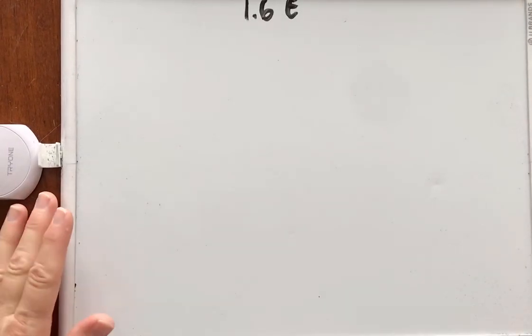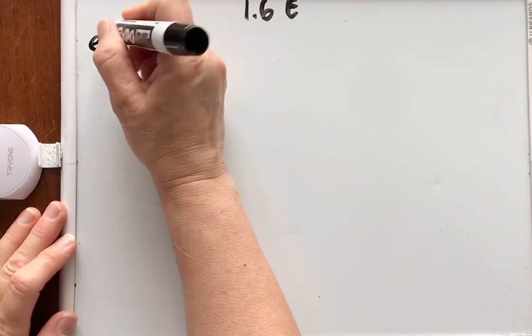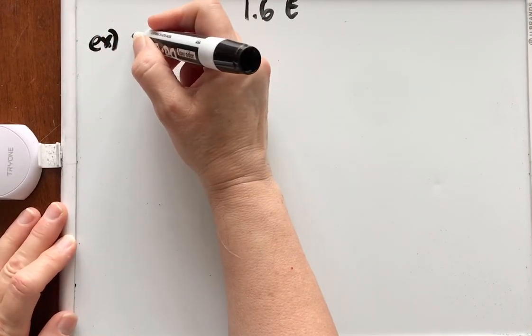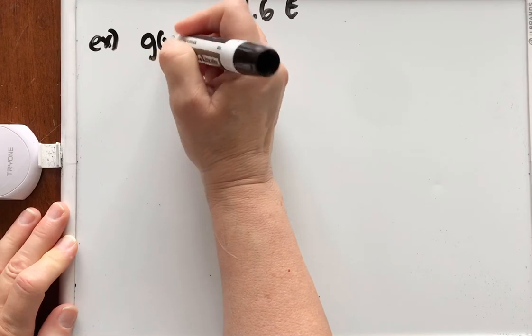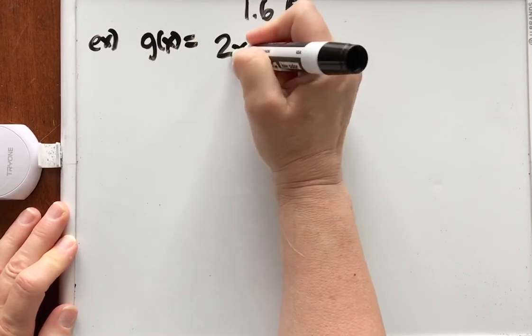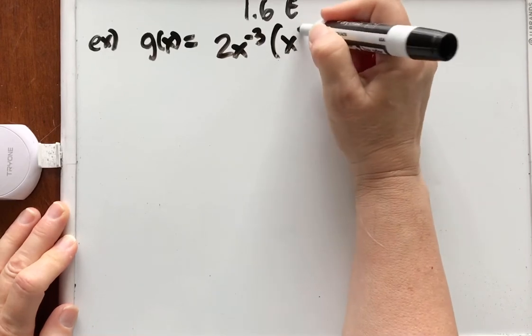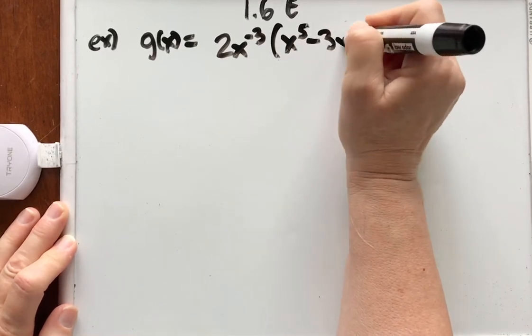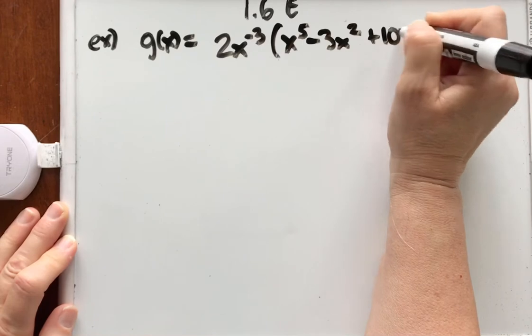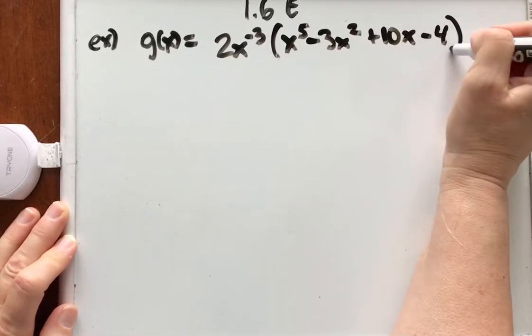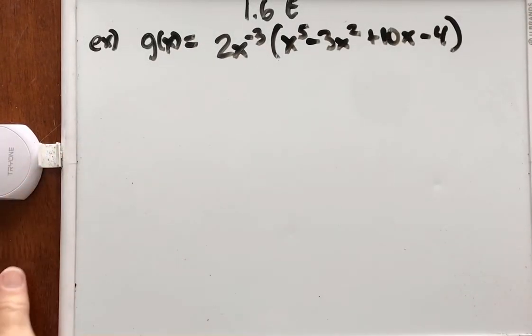All right. So I'm going to give you an example. Let's say g of x equals 2x to the negative 3 all times x to the 5th minus 3x squared plus 10x minus 4. All right, we have our choice here.